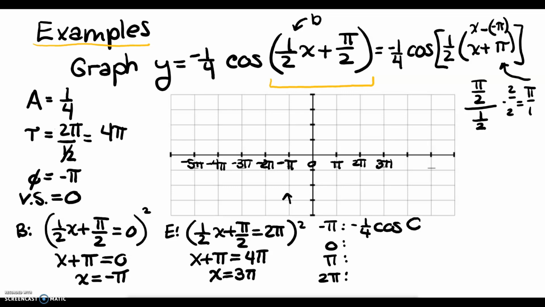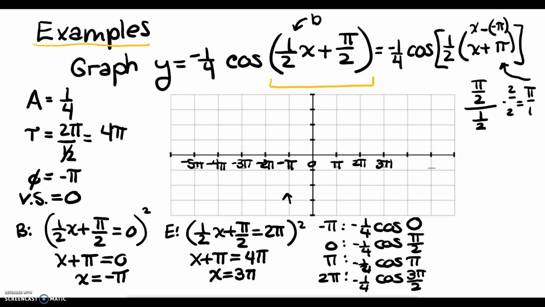So I will get cosine of 0, cosine of pi over 2, cosine of pi, and then cosine of 3 pi over 2, and then I will go back to the original, since 0 and 2 pi are the same, it'll just give me the same answer for negative pi.